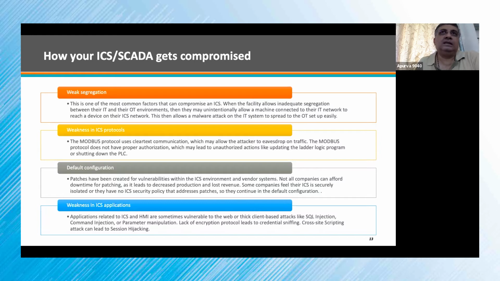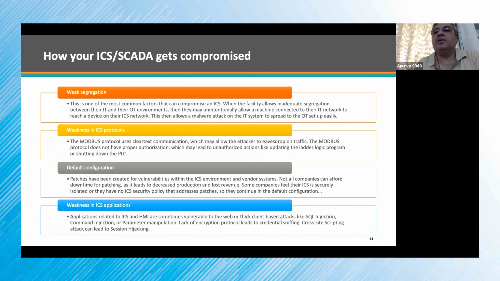But this is not the case, because applications are not the only issue. Operating systems are also issues. Hardware also is an issue. Because of hardware, firmware or drivers which have backdoors or vulnerabilities, your applications may be impacted also. So you have to look into ICS applications like any other IT applications.